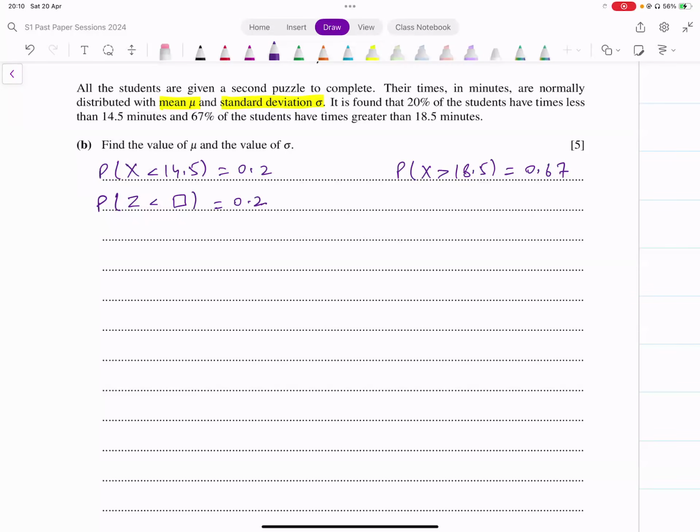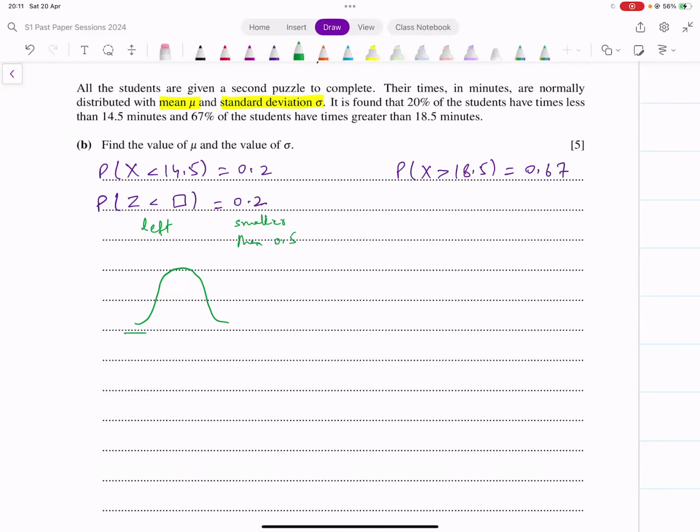How do you do that? You need to think of this normal distribution curve. Less than means you're going to be looking at the left side. The area to the left of this z value is supposed to be smaller than 0.5.